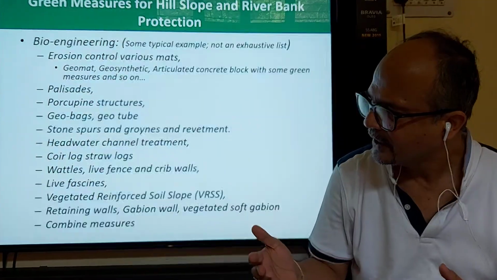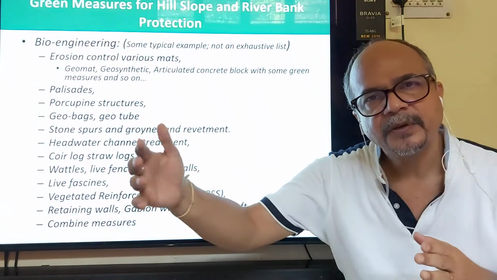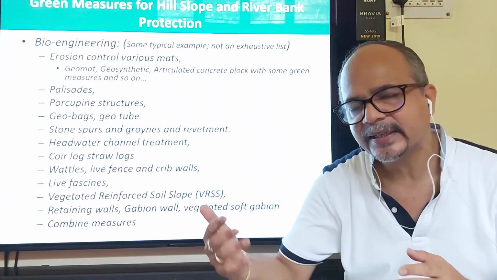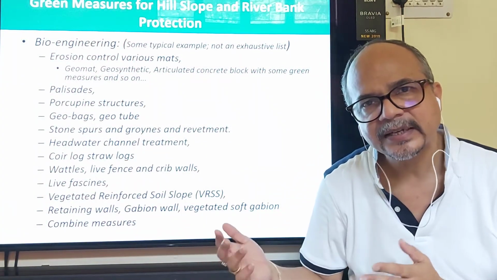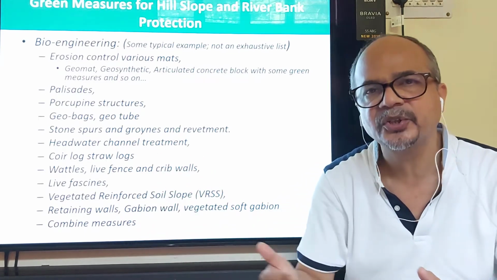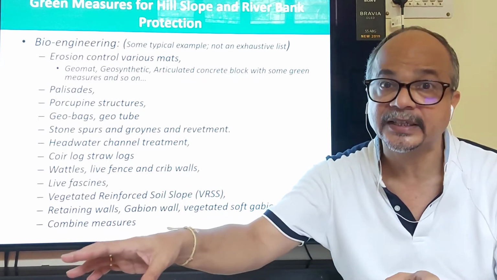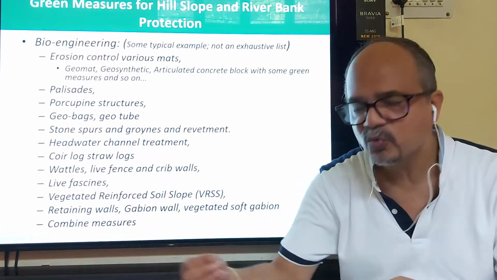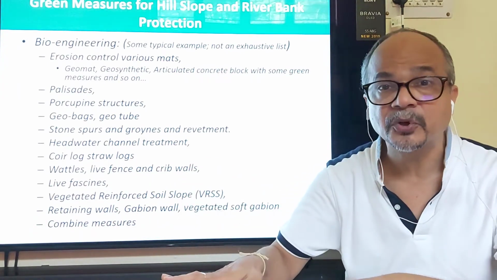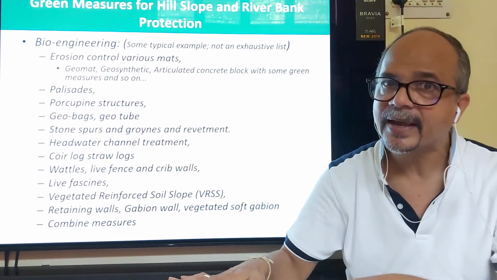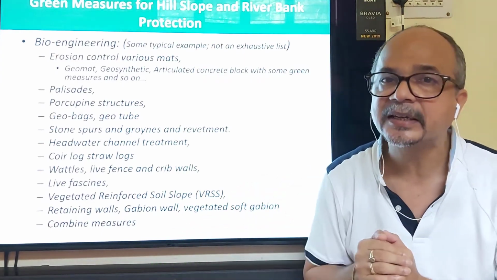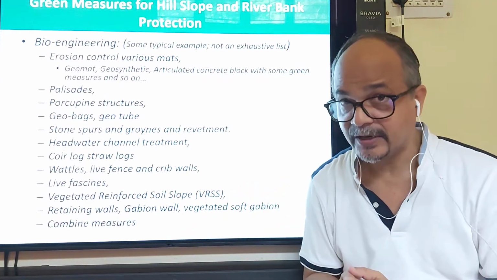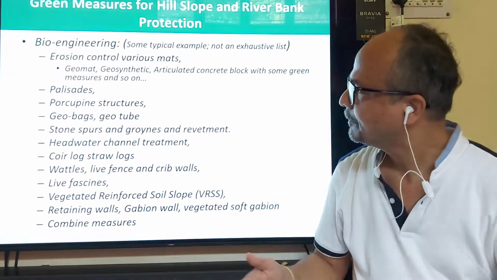With that, the flow will not be able to attack the bank directly. At the same time, the velocity gets reduced when there is this kind of obstruction. With the reduction in velocity, if sediment carrying water comes, the sediment will get deposited near the bank, and that way it will protect the bank again. So we have a double benefit if it is sediment carrying water.